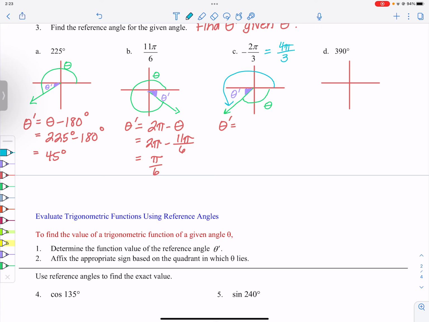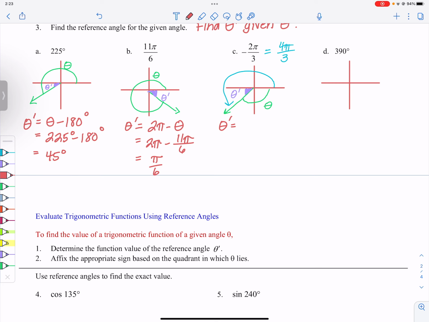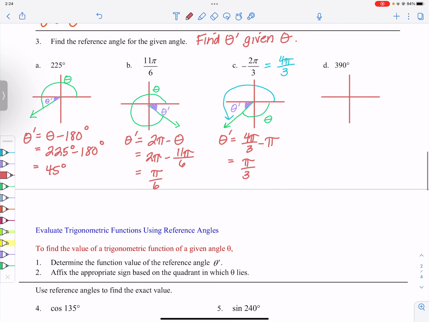So now we can say that theta prime is equal to 4 pi over 3 minus pi. And that would be equal to pi over 3. So some of these can be tricky if you can take your negative angles and go ahead and make them into something positive after your sketch. That might help you.